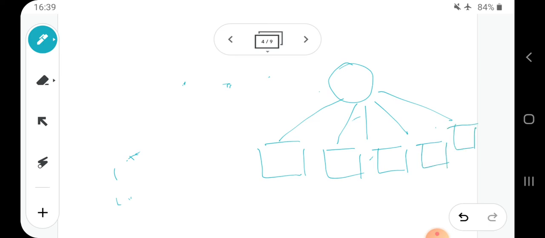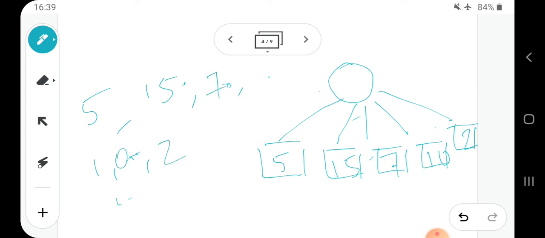Now, if we apply the same minimax strategy over here, these OR nodes will have some values, say 5, 15, 7, 10, and 2. Among all these possible options, we can see that 2 is the minimum value.